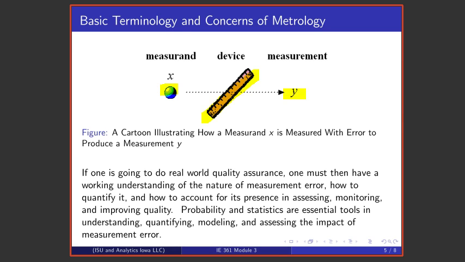In this discussion, we're going to use the word device to stand for all that goes into producing the value Y of a measurand of interest. So it will involve equipment, how that equipment is used, personnel, how data are recorded, and so this notion of a device here is a very broad one, extending beyond the device pictured here as a simple ruler or a scale or something like that.